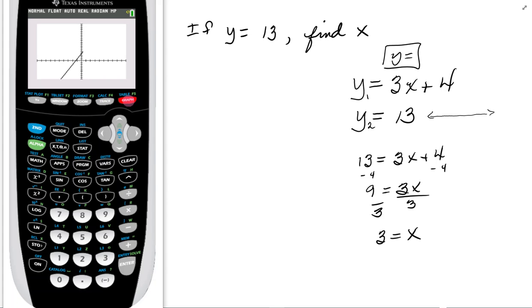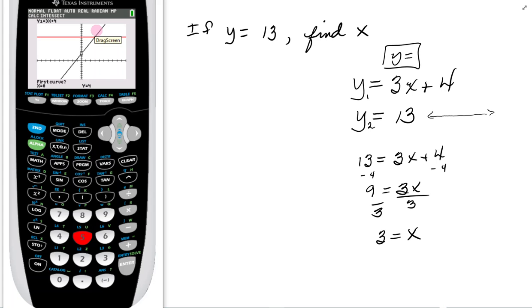I could have chosen 15, but I like workspace. So there's the line, y equals 3x plus 4. There's the horizontal line. Y is 13. Every point on the red line, y is 13. So if I can find the intersection, then I will have an x value that goes with 13. So I am indeed going to do second of the trace key, which is calc, number 5, and I'm going to do intersection.